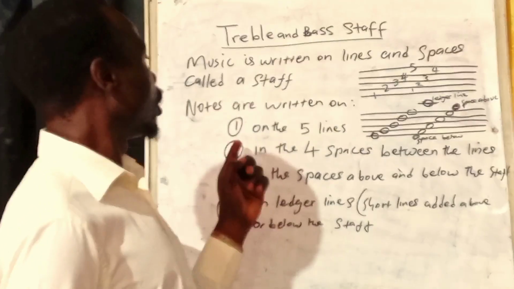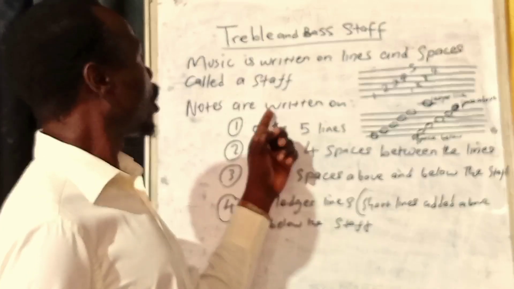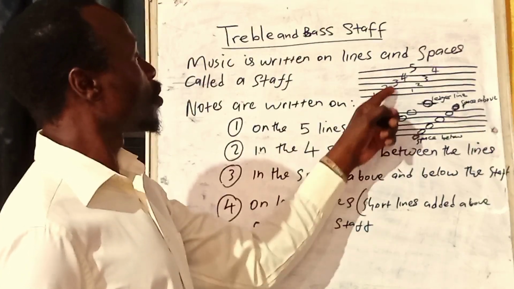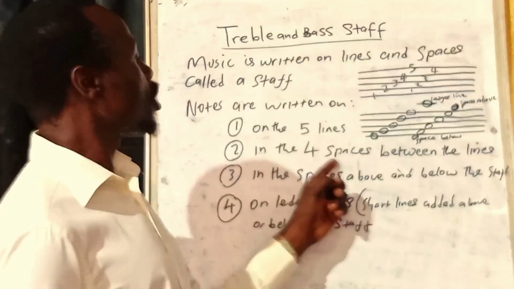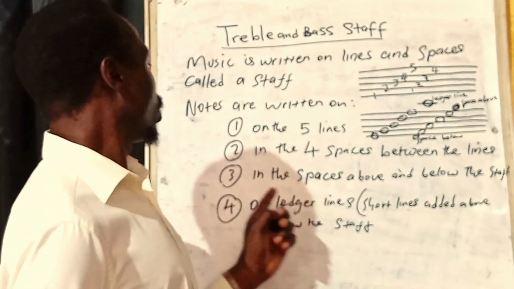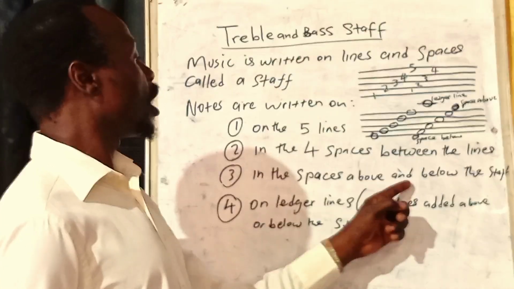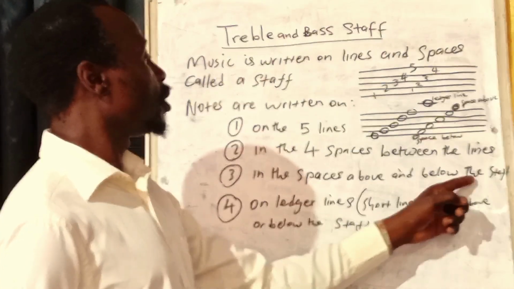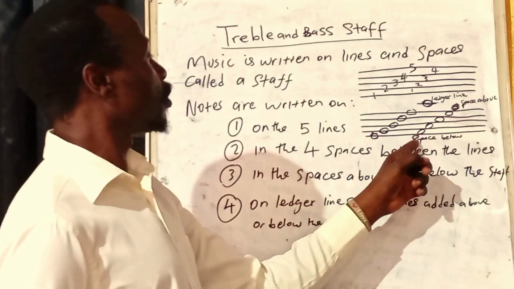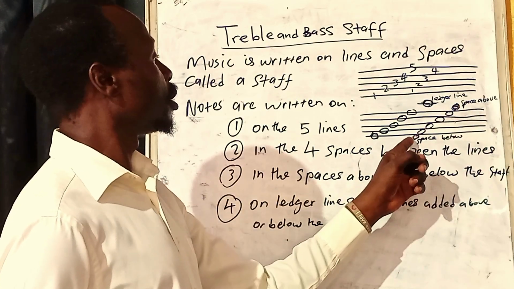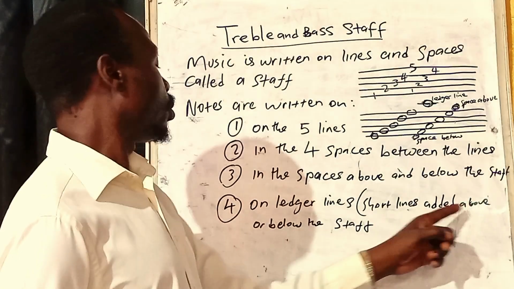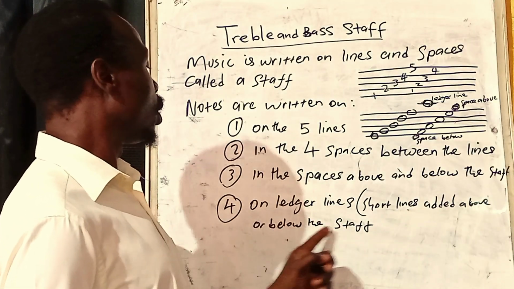Notes are written on the 5 lines, in the 4 spaces between the lines, and in the space above and below the staff. These are the spaces. And on the ledger lines, short lines added above or below the staff.